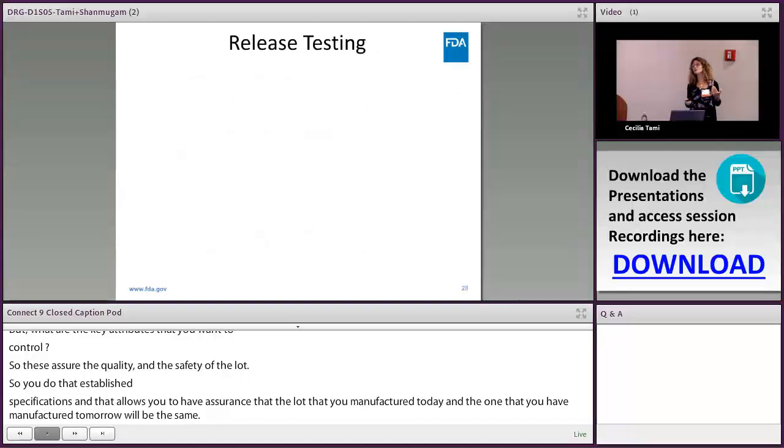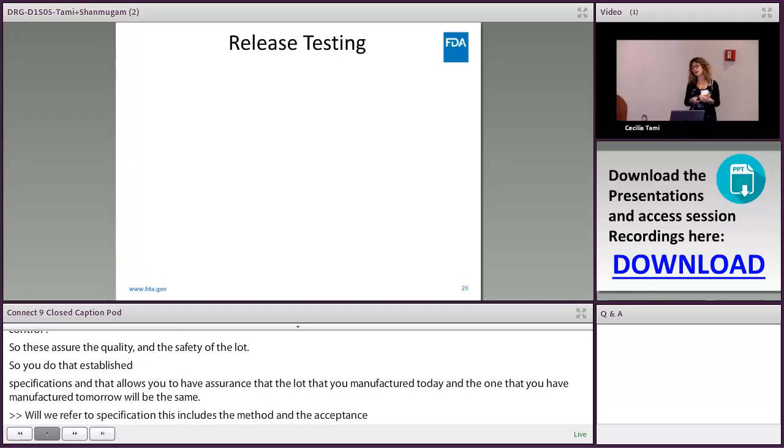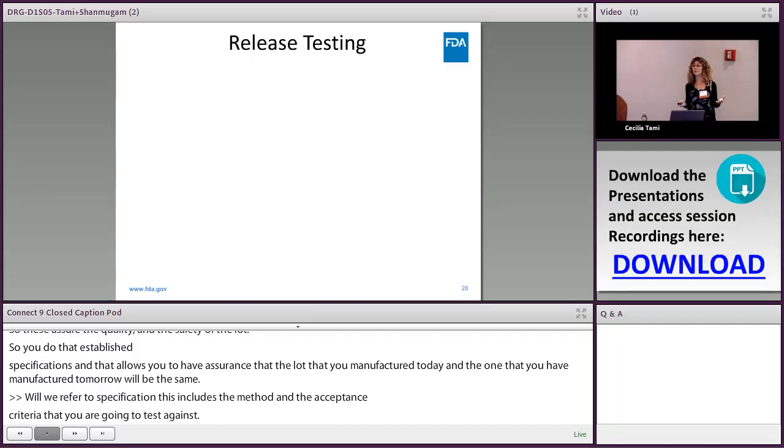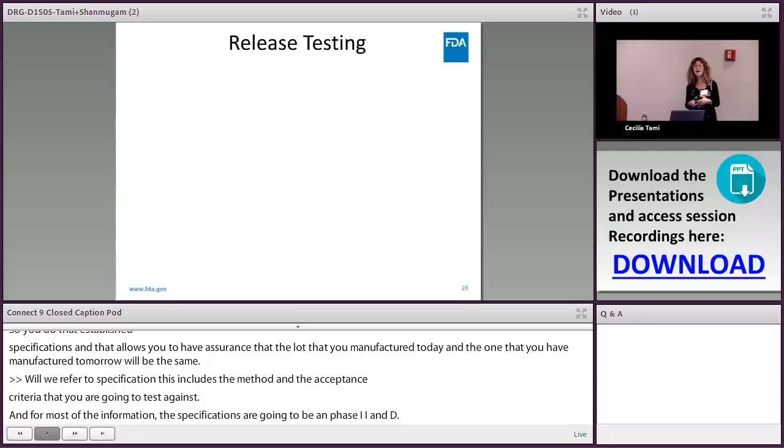And again, as for most of the information that you gather during development, these specifications are going to be broad for a phase 1 IND because you have manufactured very few lots, or maybe 1 or 2. But then as you gather more and more information, you have more experience on the manufacturing process and on your product, then they are going to get narrower.